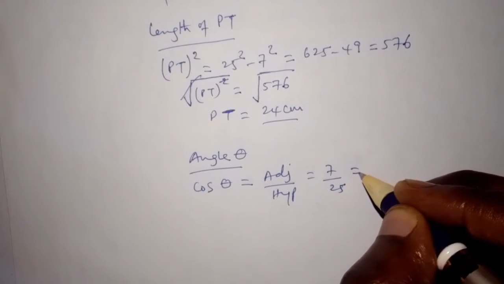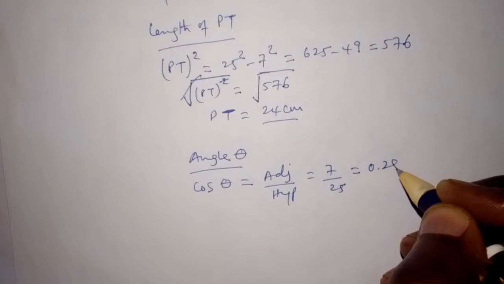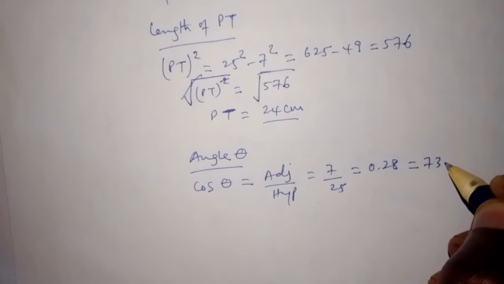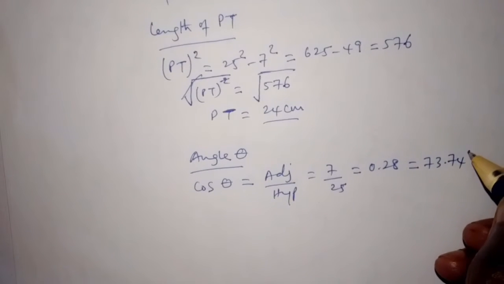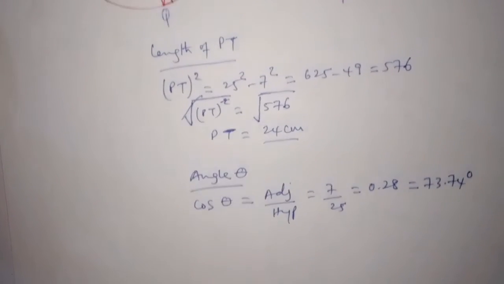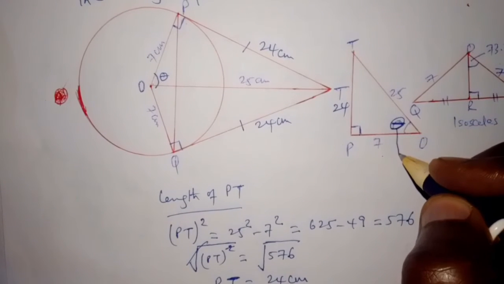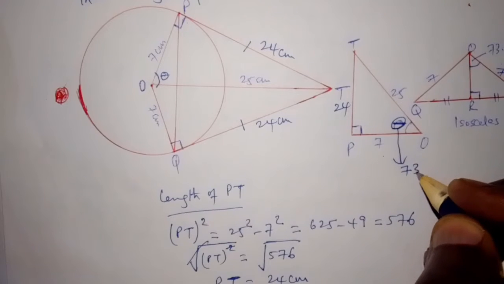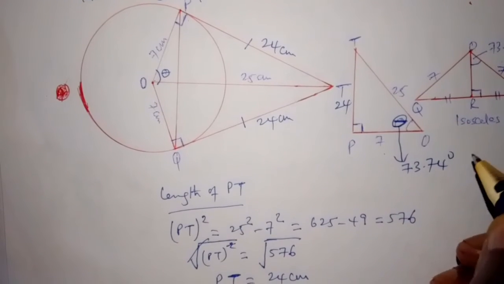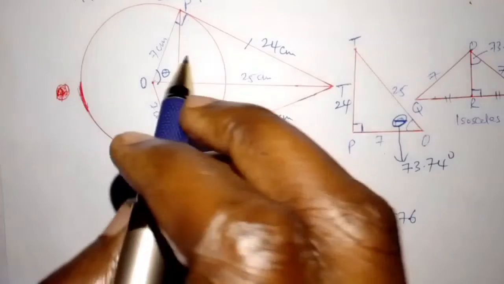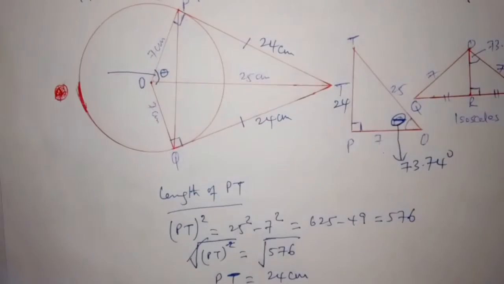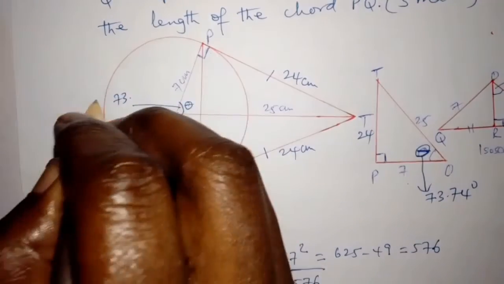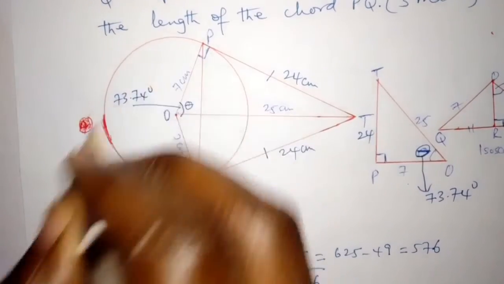This is going to give us 0.28, which is equal to 73.74 degrees. So our theta here is 73.74 degrees. So this angle here is 73.74 degrees.